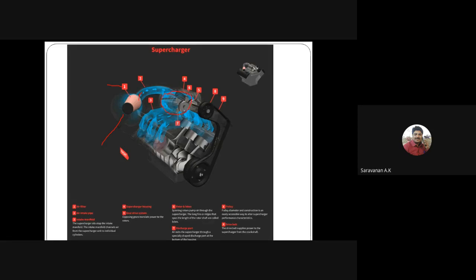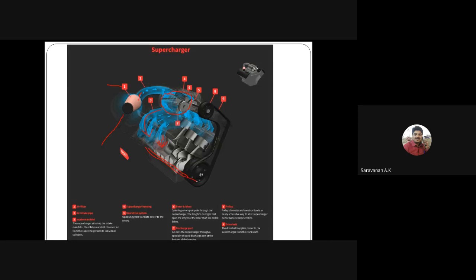The fourth one is the supercharger, and the supercharger compresses the air, increases the pressure, and sends it to the combustion chamber for the energy output.